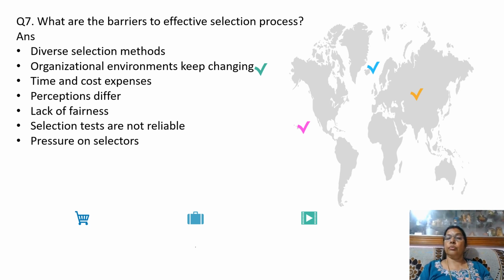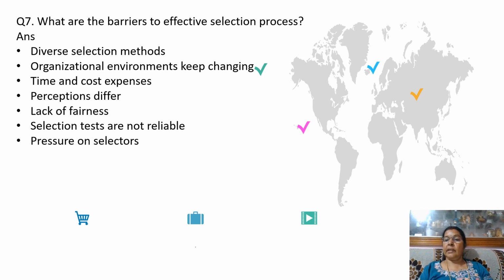They may not get suitable candidates to place into jobs, and most of the time the selection process is not fair. There will be a lot of bias, a lot of partiality, especially in government jobs, where bribes and things like that are happening. So all this prevents the selection process from being effective.